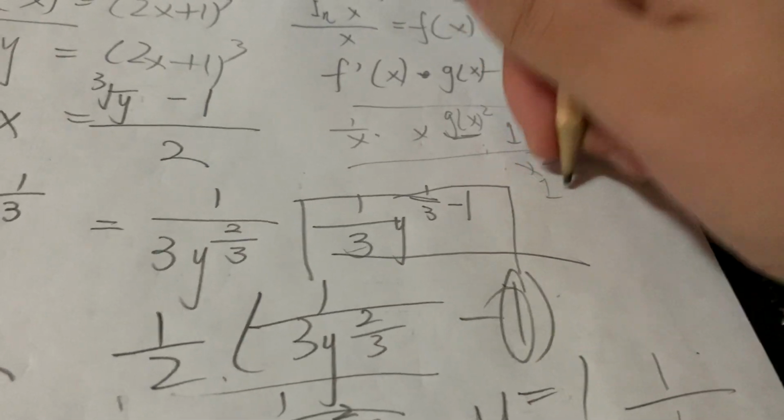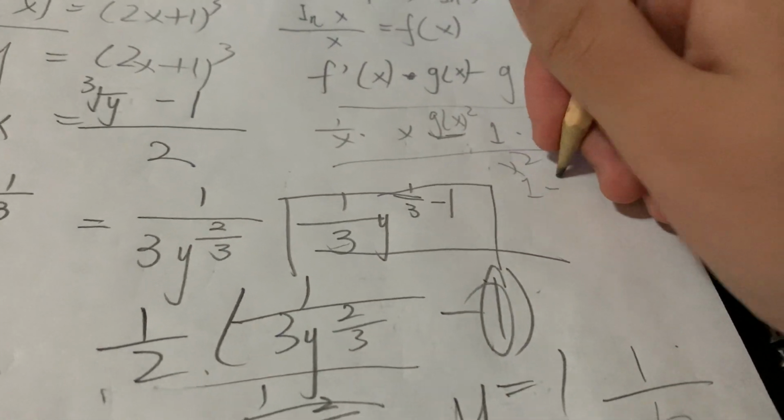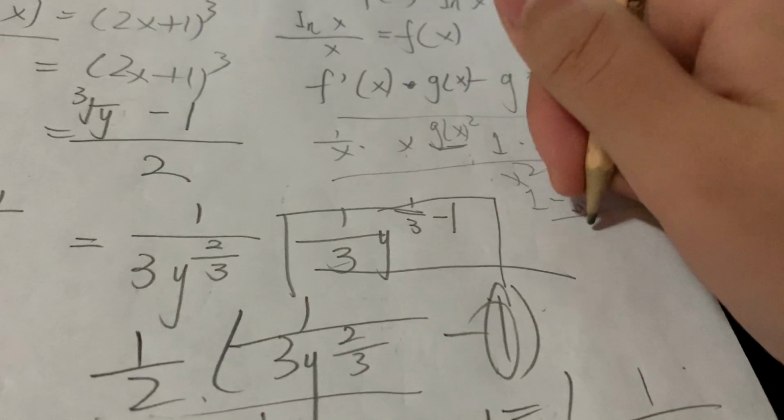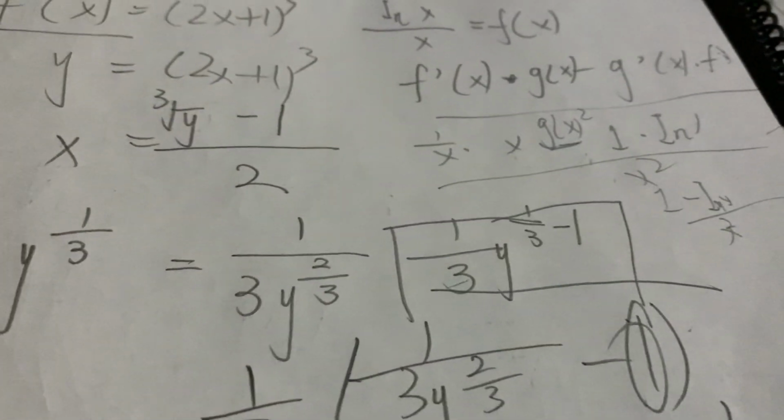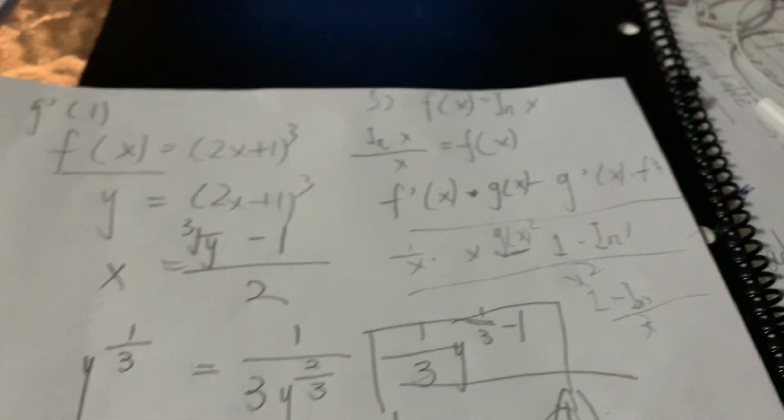So it is 1 minus ln x divided by x squared. It is the first derivative.